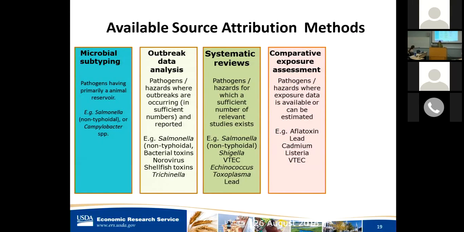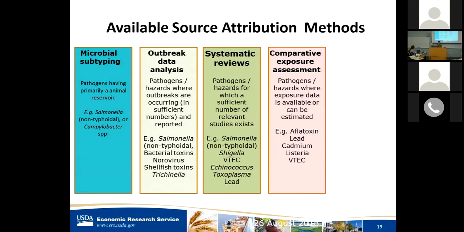It's a very rigorous and quantitatively sound way of going at it. The problem is it's very data intensive, and so for our purposes, it wasn't going to get us very far. Outbreak analysis, investigation analysis, is used widely.